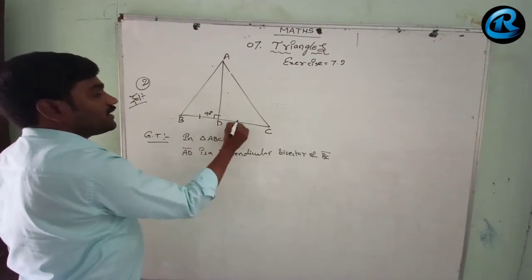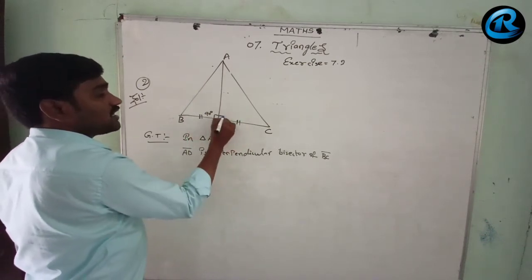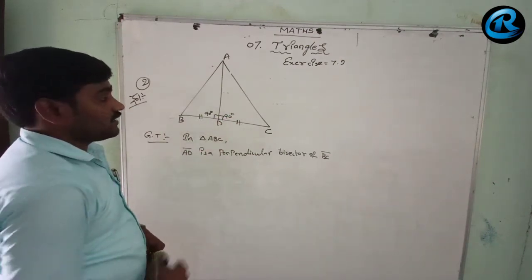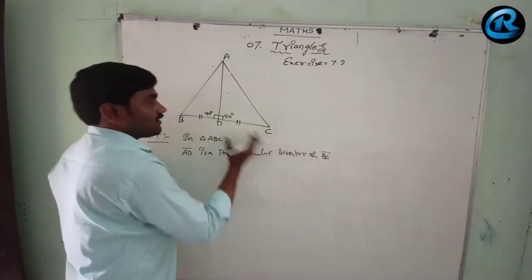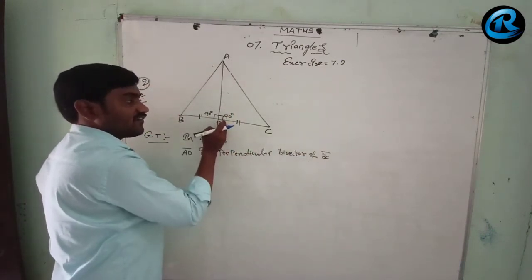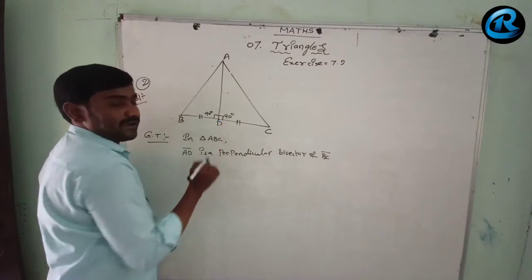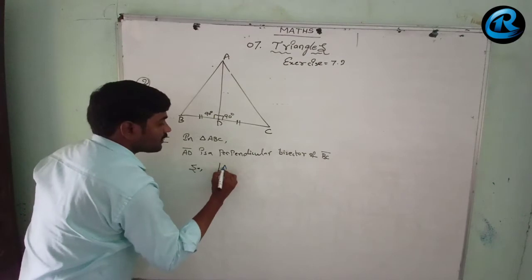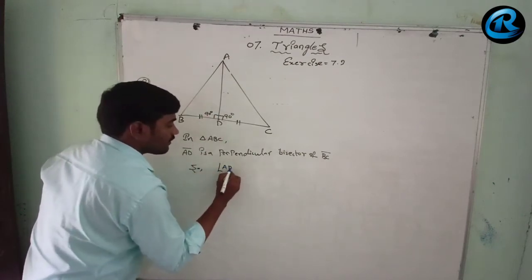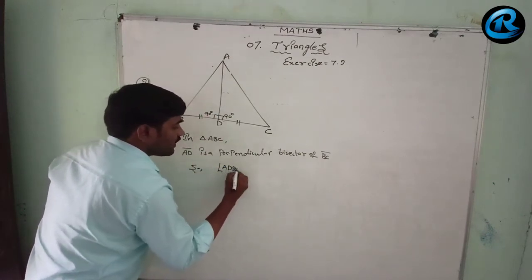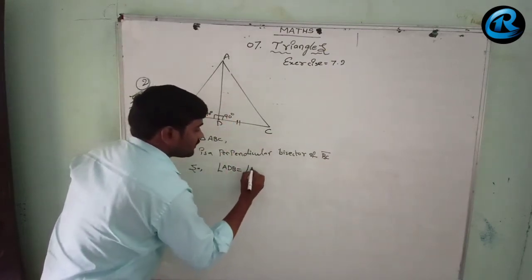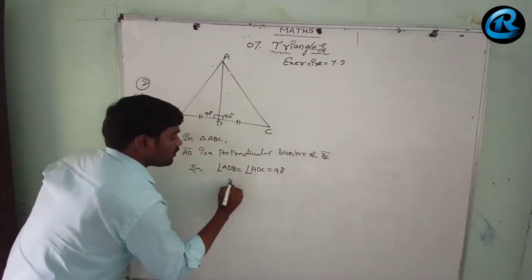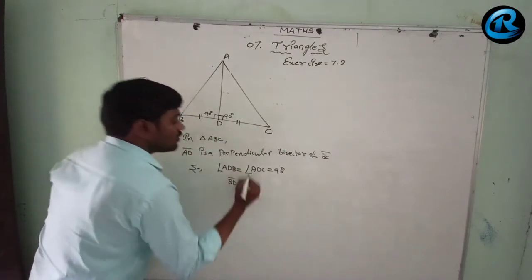Perpendicular bisector of BC means this AD divides BC into two equal parts and intersects it at an angle of 90 degrees. Perpendicular and bisector: dividing, intersecting at the angle of 90 degrees and also at the midpoint. So here we can say angle ADB is equal to angle ADC equal to 90 degrees, and also BD equal to DC.